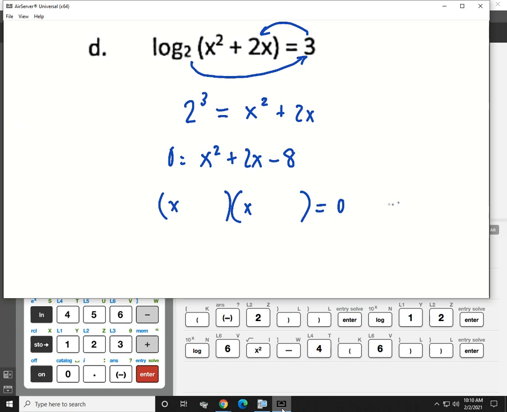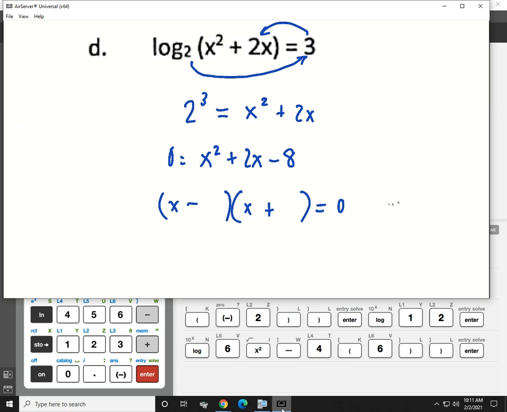So that means one of them has to be negative and the other has to be positive. So they're fighting each other, right? So we're looking for two numbers that multiply to get 8, fight each other to get 2. Okay, have a difference of 2. What multiplies to get 8 has a difference of 2? 4 times 2. 4 and 2 multiply to get 8 have a difference of 2.